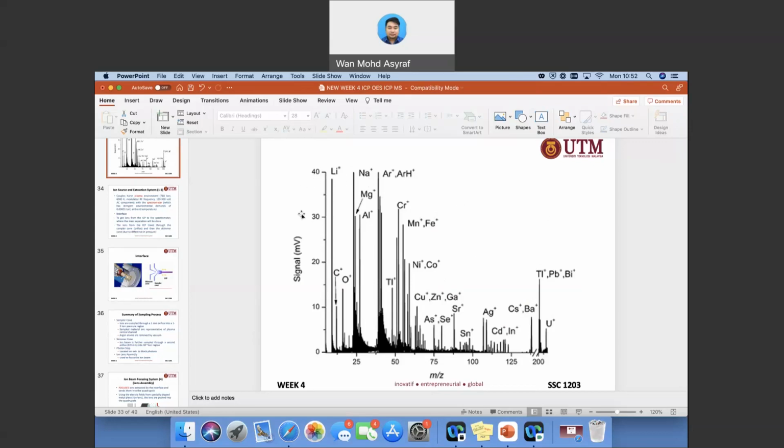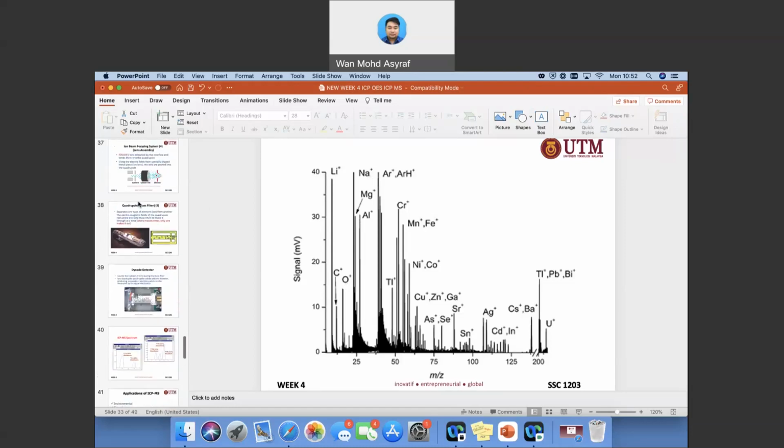Based on this spectrum, you can see that the first ion let through into the quadrupole is lithium plus, and then it continues with C plus, O plus, Na plus, because it depends on mass. So the separation of ions depends on the mass based on the quadrupole, where it only permits one measurement at a time, not all of the ions from the plasma going into the quadrupole.